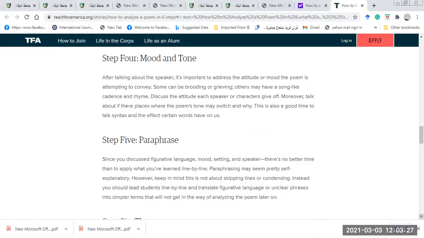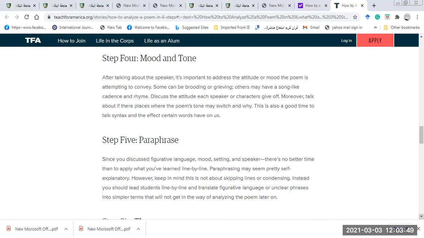You have to ask yourself, what is the mood the poem is trying to convey? Some can be brooding or grieving, sad. Others may be happy and have a song-like rhyme.